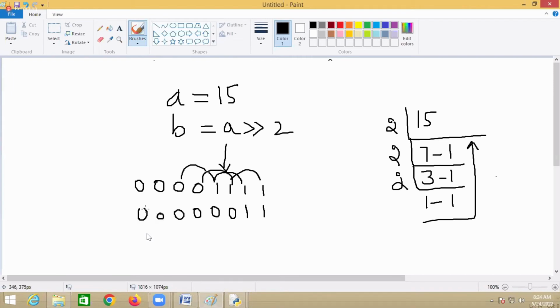Now my value becomes 11. So 11 is 2 to the power of 0 into 1 plus 2 to the power of 1 into 1, which is 2 plus 1. What is the result? 3.